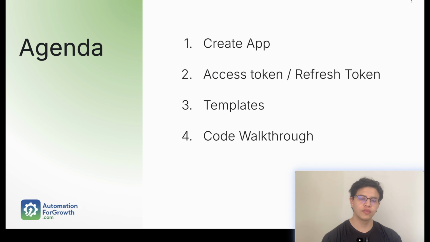All right, so we have finished already with the access token and refresh token. Now let's jump to templates. Basically, in the WhatsApp API you have multiple ways of sending messages.